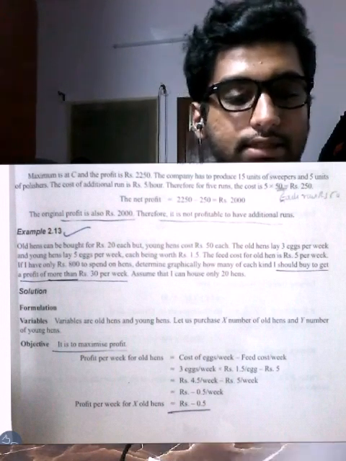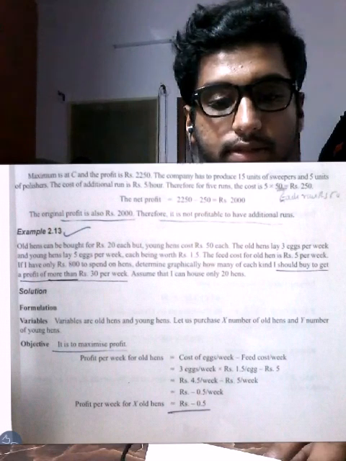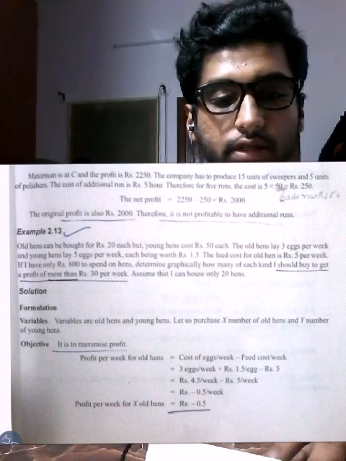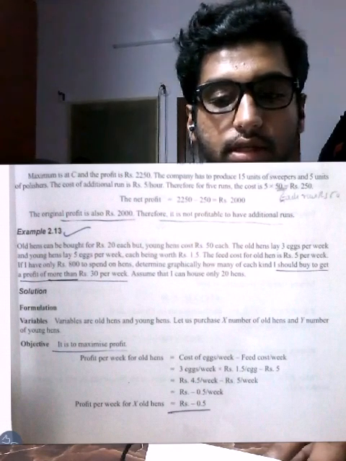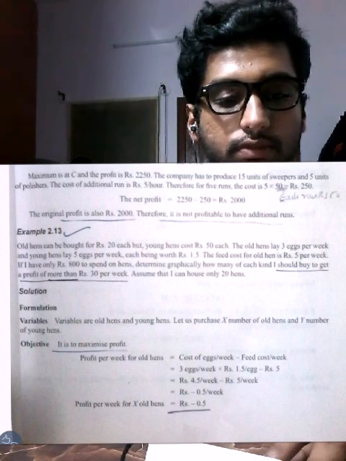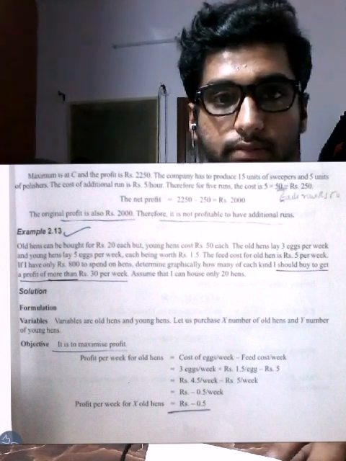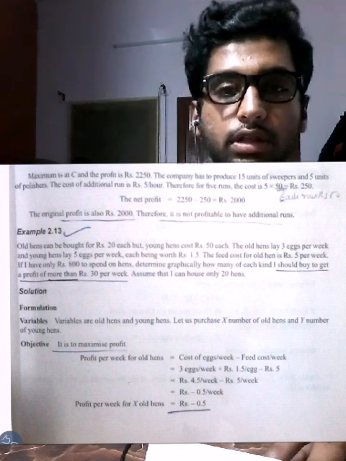First, the old one costs 20 rupees and the young one 50 rupees; 3 eggs per week and 5 eggs per week, 1.5 rupees for each egg, and the feeding cost is 5 rupees. So 30 rupees profit should be there per week, and 800 to be spent on the hens.